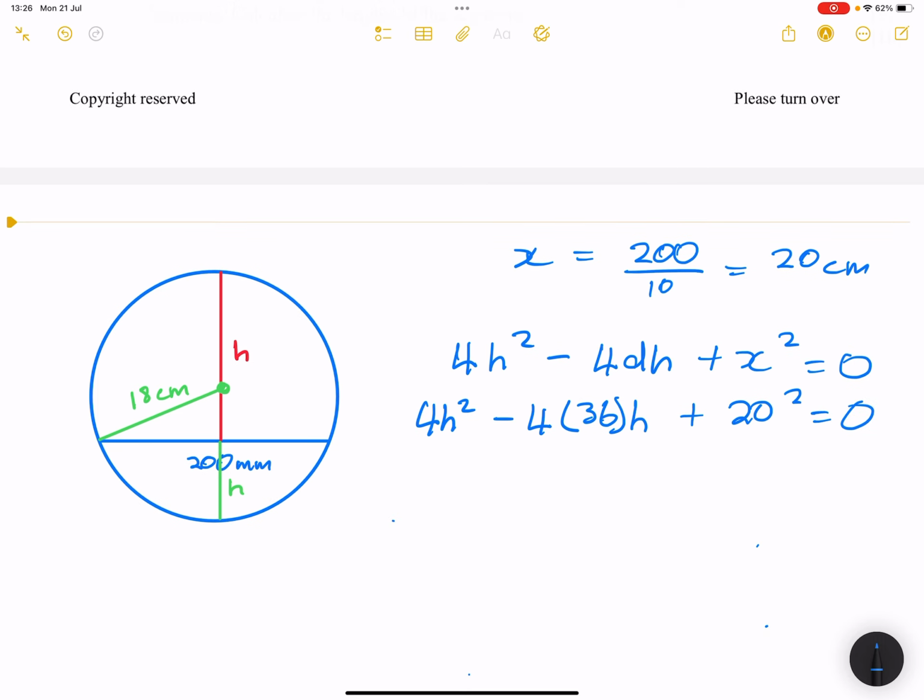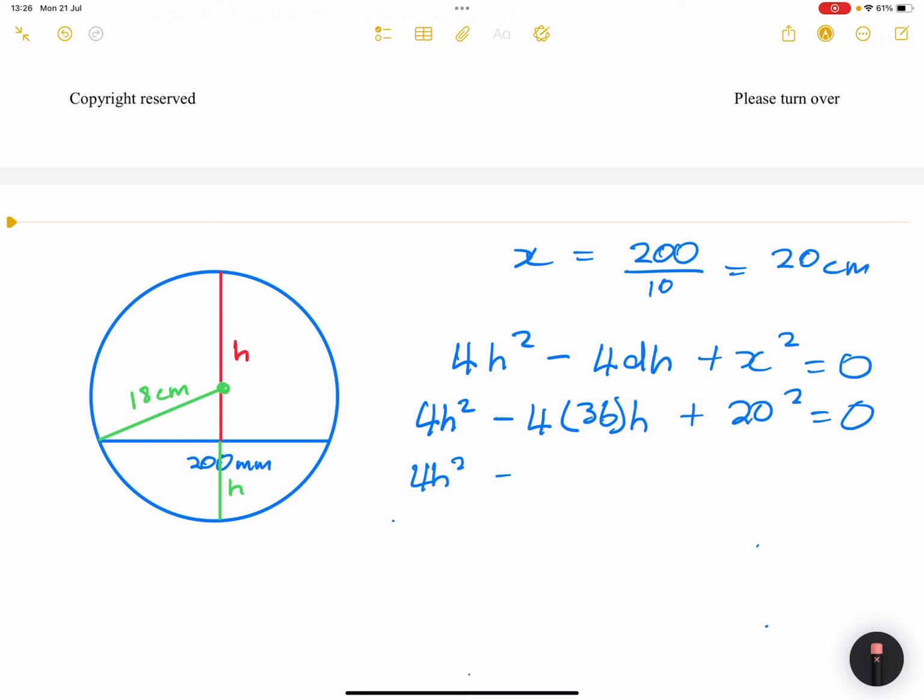Okay, right, so we're going to substitute what we know. Okay, so that's 4h squared minus 4 times 36. In fact, let's write it out in full. In fact, we could even divide that by 4, right?